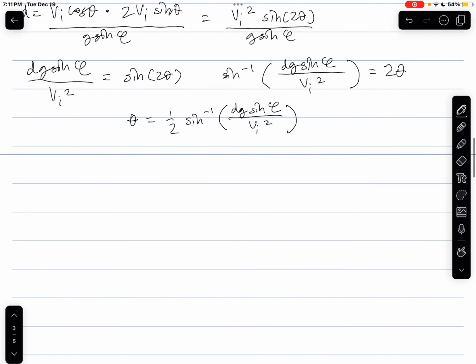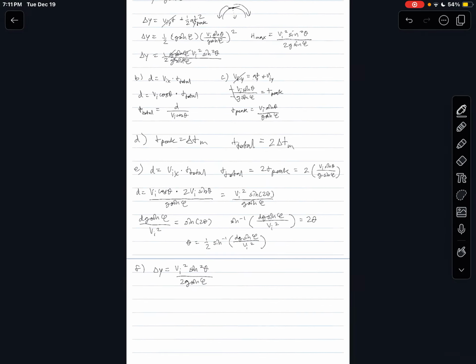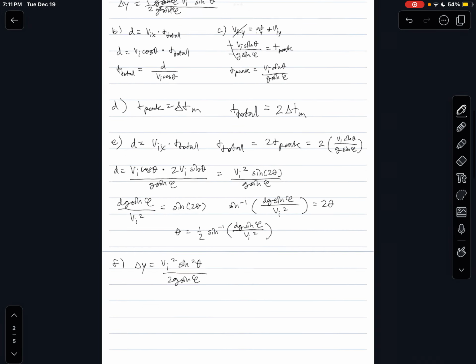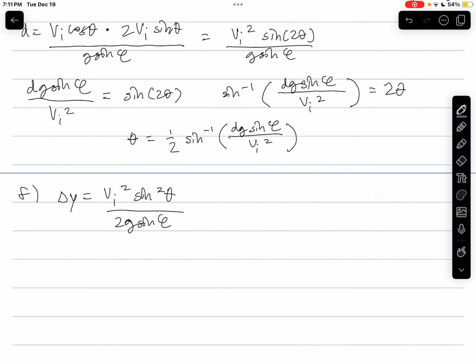And then for part F, if the angle, theta 2, of the board is increased, how would the answer to part A change? I am going to look back at the Hmax formula, because that was what part A asked for. Let me write it again, and then write AY again.